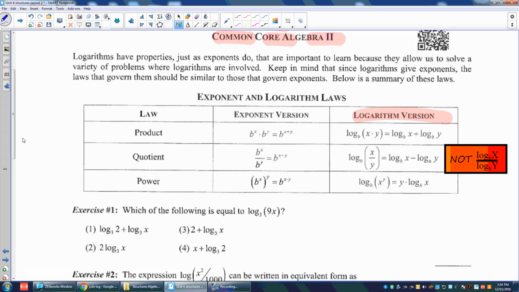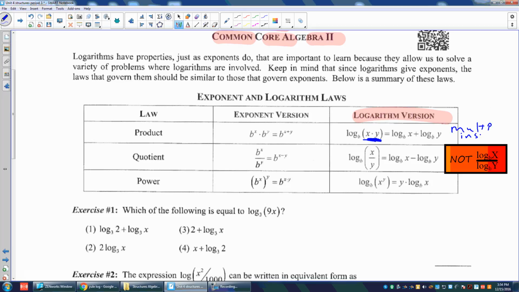So if you notice, this doesn't say log base b of x times the log base b of y. We are multiplying the numbers inside the parentheses. That's the only way that works, when we multiply the numbers inside the parentheses.